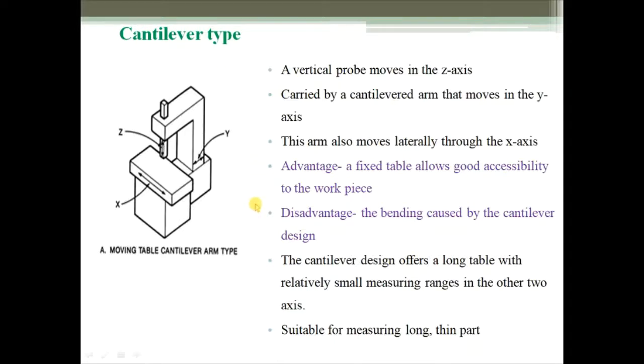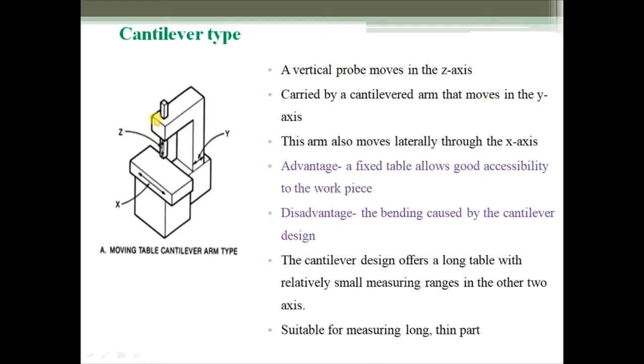Cantilever type: in this type the probe is in vertical position and it moves in the z axis, carried by a cantilever arm which moves in the y axis, and this arm also moves laterally through the x axis.